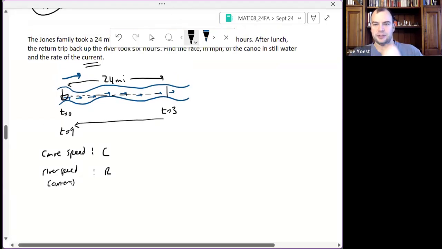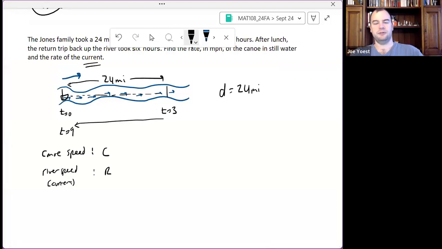Now, what do I know? I know that I've covered a distance of 24 miles in both cases. And I know the distance is rate times time, or in other words, speed times time. So distance 1, 24 miles. The first leg going left to right, when the canoe speed is being added to the river speed, this is rate, or canoe speed plus river speed.